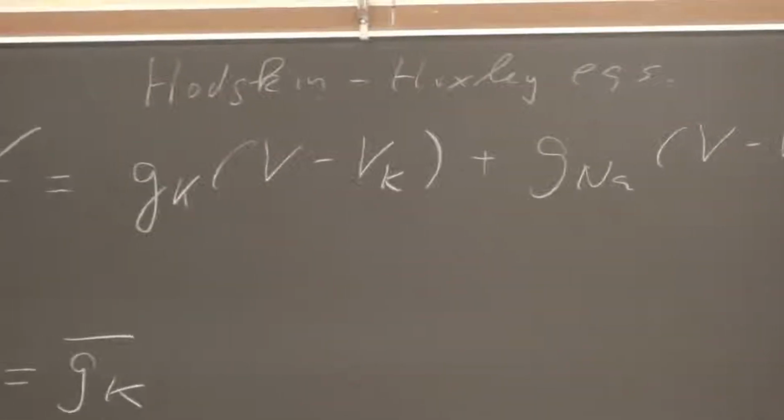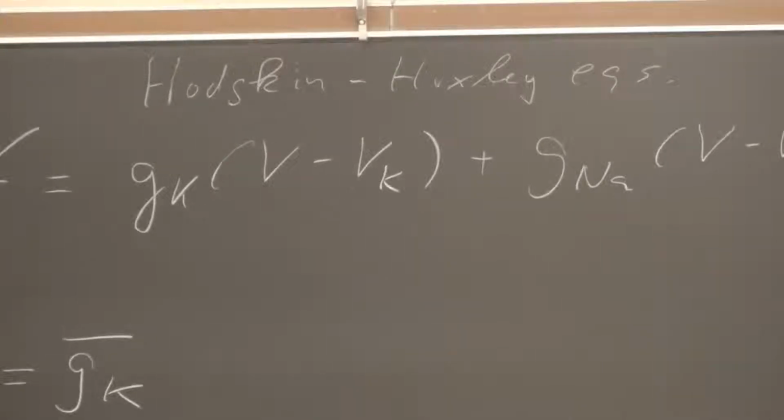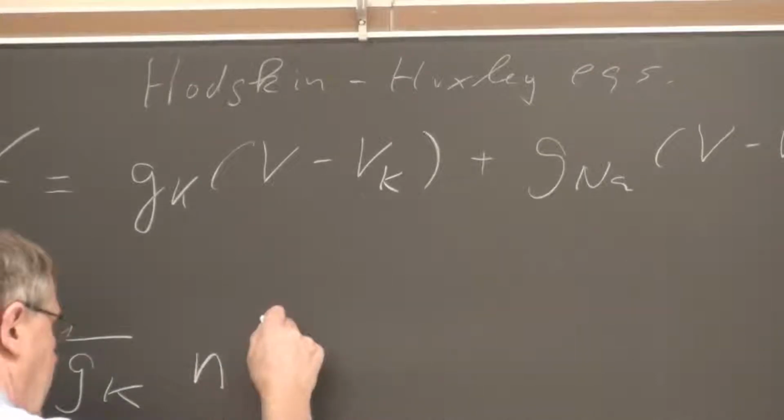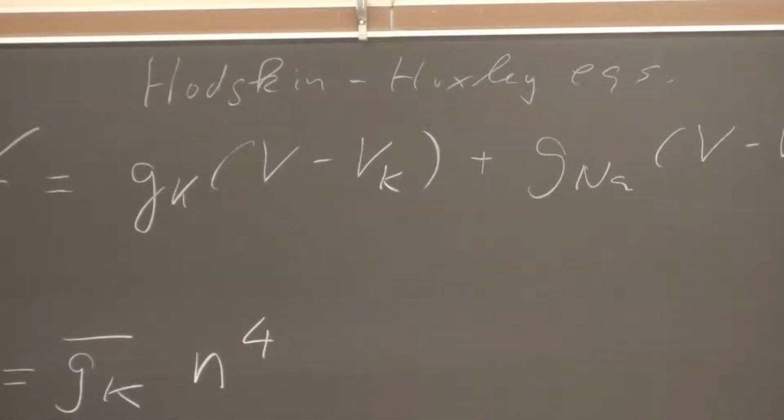Pretty sure they must have discussed among themselves and with their students that there could be ion channels in there, but that was totally hypothetical. But they played with it, and they said there's a term that appears in the fourth power.